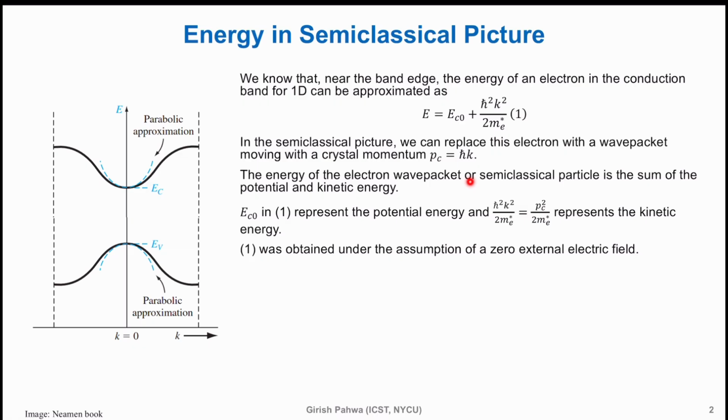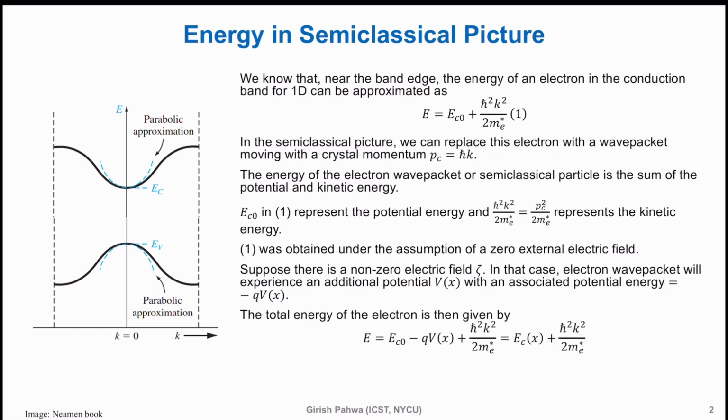Minus Q times V, or minus E times V. So when I do have an electric field, the total energy becomes EC naught plus the potential energy coming from the electric field, which is minus Q times V in case of electrons. It will be plus Q times V in case of a hole, a positively charged particle, plus the kinetic energy. Now this whole thing, we combine it and write it as EC as a function of X.